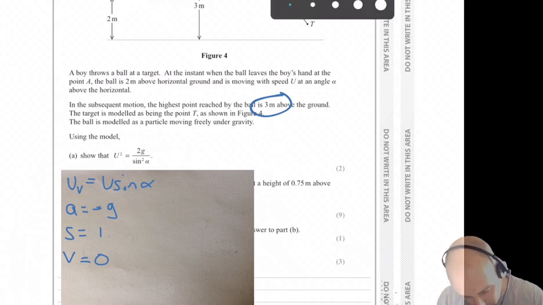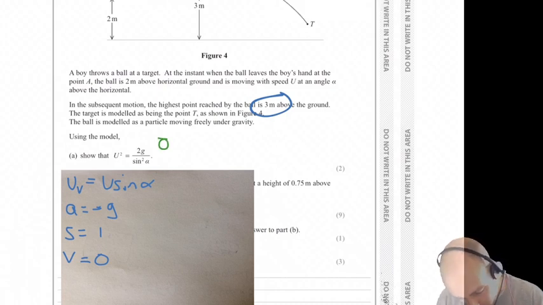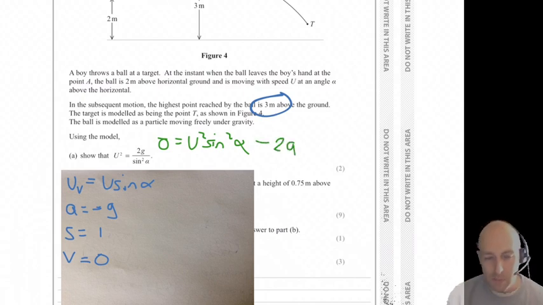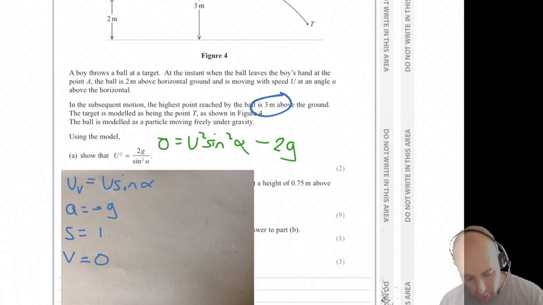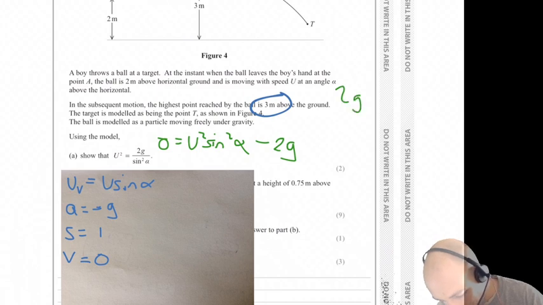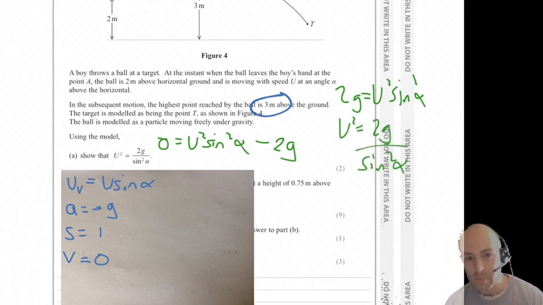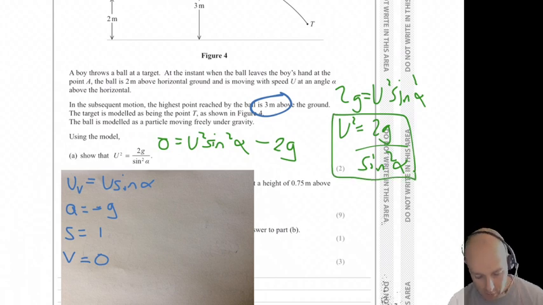So 0 equals u squared sine squared alpha minus 2g, with s being 1. Rearrange to get 2g equals u squared sine squared alpha. Divide by sine squared to get u squared is 2g over sine squared alpha. So we get that, which is what they wanted us to show.